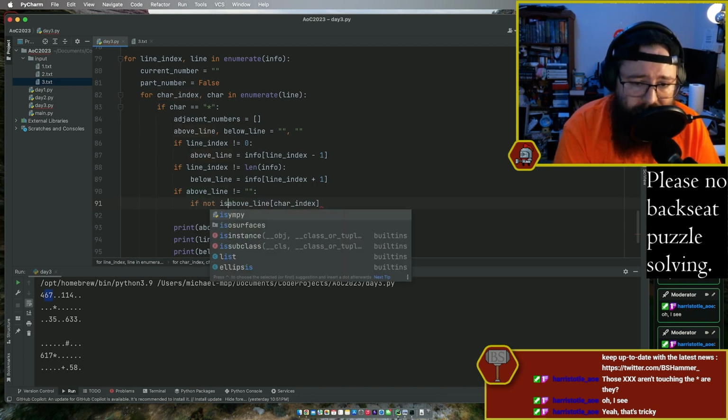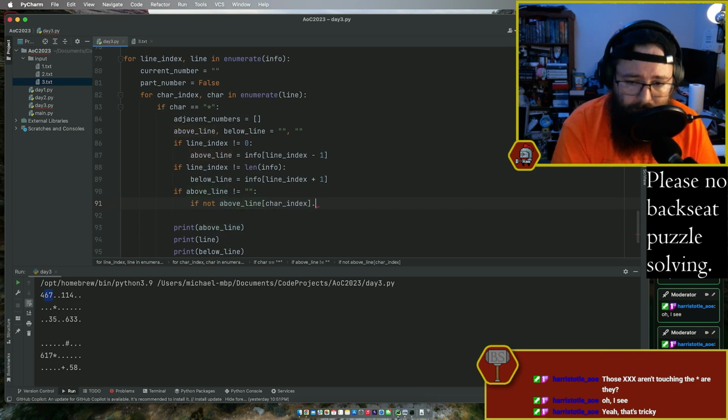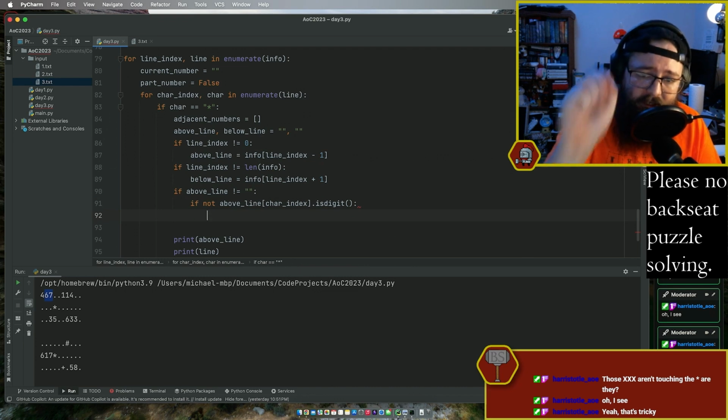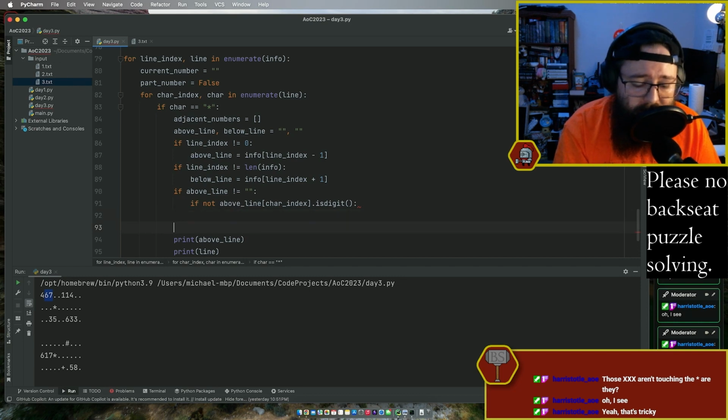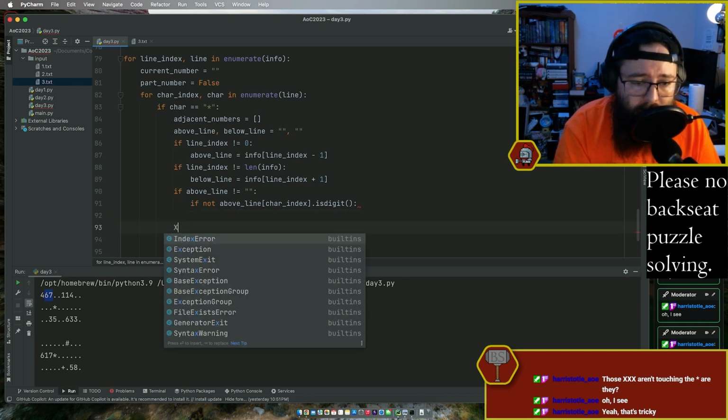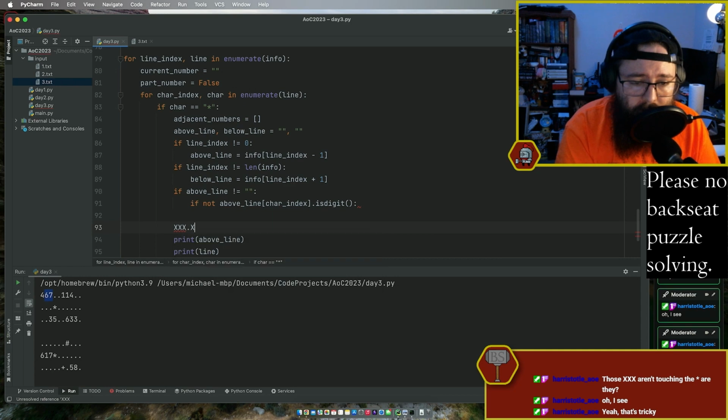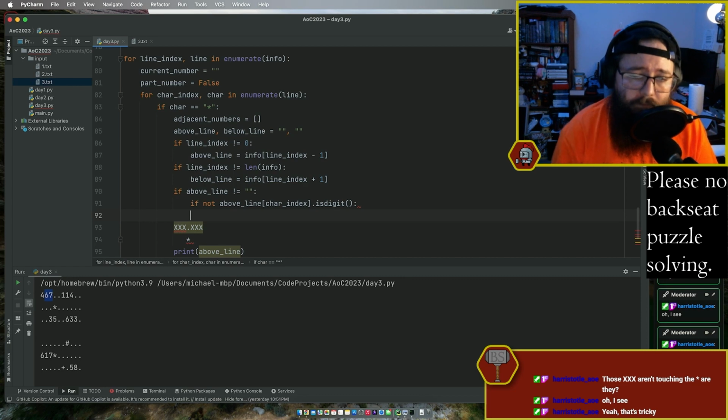So not is digit. If the thing right above it is not a digit, then we know that we're looking at that sort of thing. If it's not a digit, then we want to do the following.